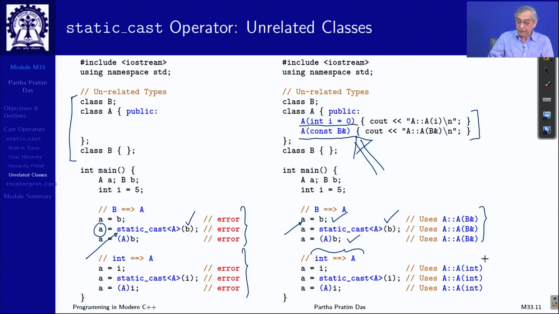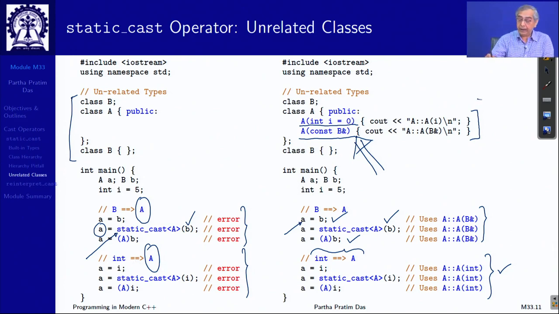So, all of these again will be correct, even the implicit, obviously the C style, and the static cast, which is what I will recommend. So, this is one way: if you are able to edit or put code in the target type, here A is the target type.